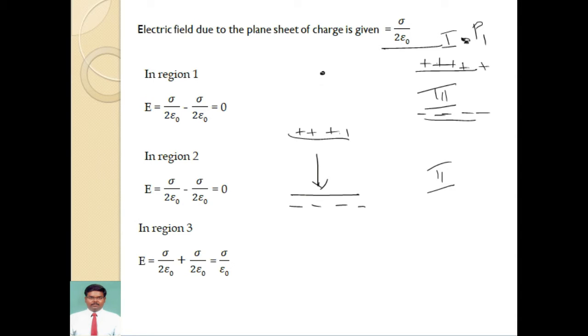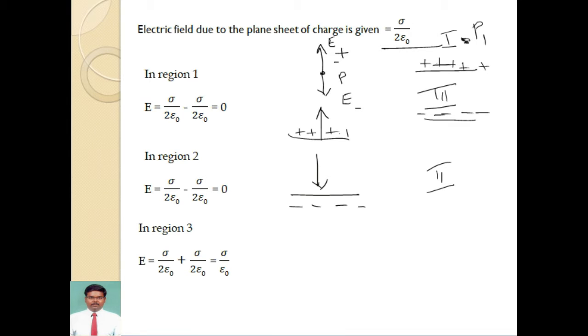Now I am taking the point which is outside. At this particular point, what is the impact of the field because of the positive plate? Let me first draw the direction of the electric field at this point P. Positive means the field will be going out, so at this point E plus is going like this, and the minus means all the fields will converge, so this is because of the negative charge.